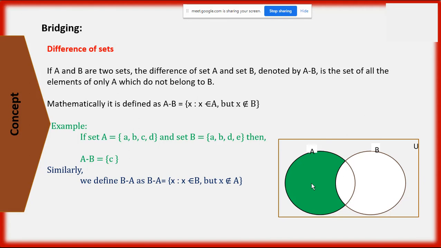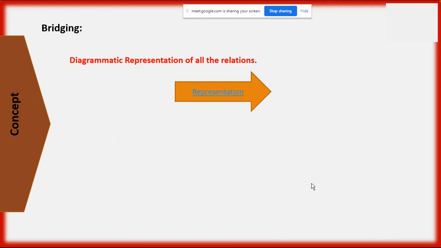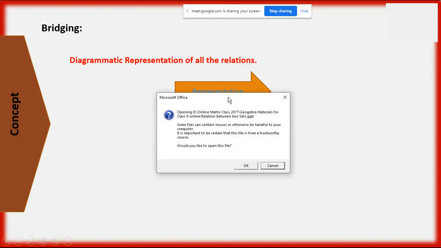And this is A complement, dear students. This is A complement, and this is B complement, everything except B, that is B complement.